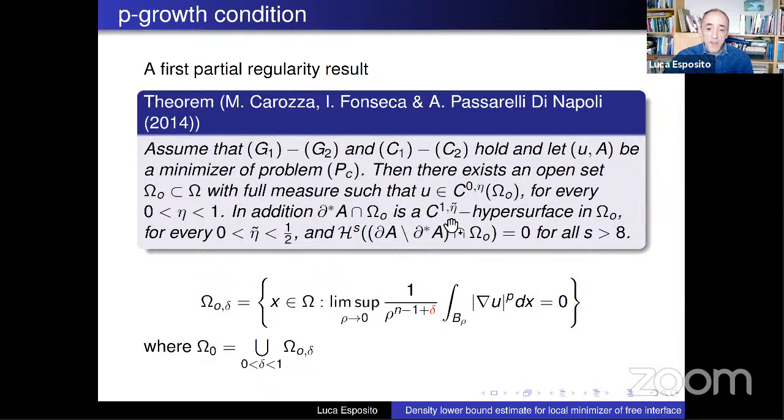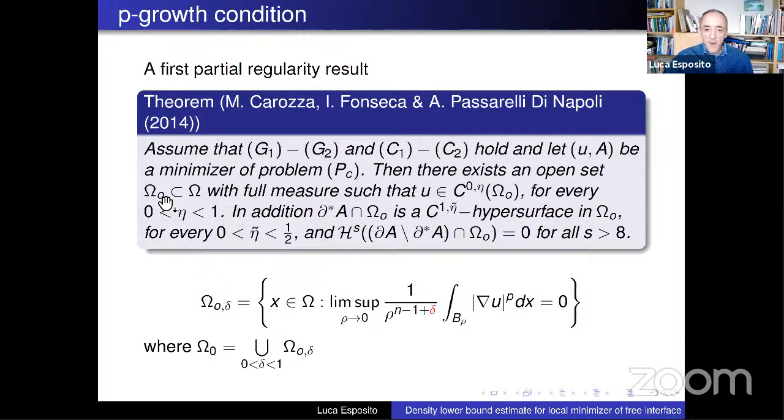But you only prove this, so this is the reason why this is only partial regularity, because you prove this regularity inside omega 0. That is another open set that is inside omega, that has the same Lebesgue measure.